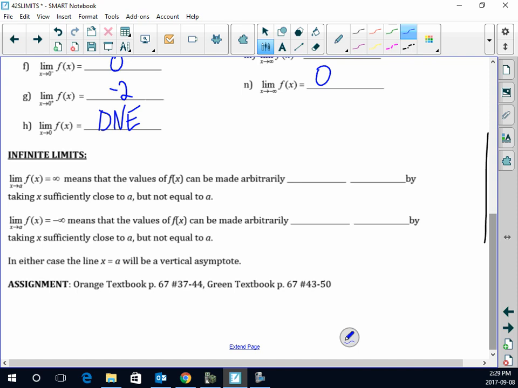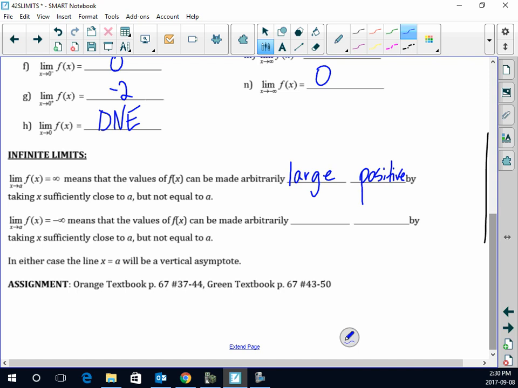Okay. Infinite limits. When x goes to a of f of x equals infinity means that the values of f of x can be made arbitrarily large, positive.